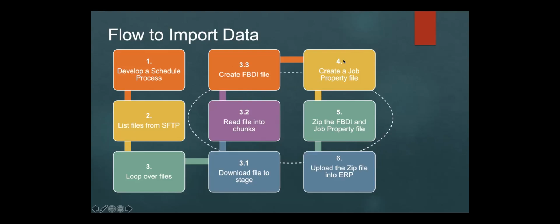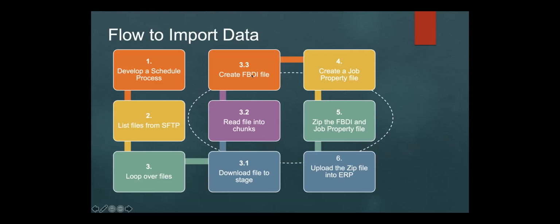And as a fourth step, you need to create a job property file, which will give an indication to the ERP of what job you are trying to kick off, plus a few other parameter values. Both the files, the FBDI file as well as the properties file, should be on the same stage location.